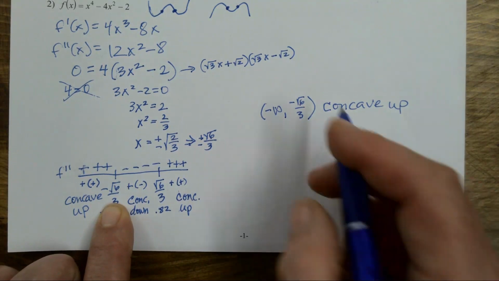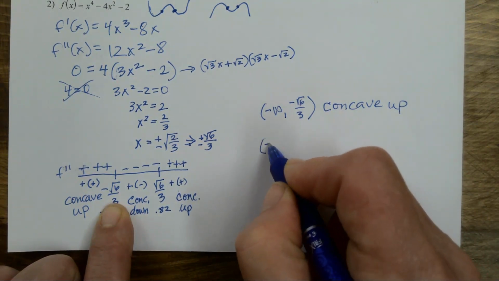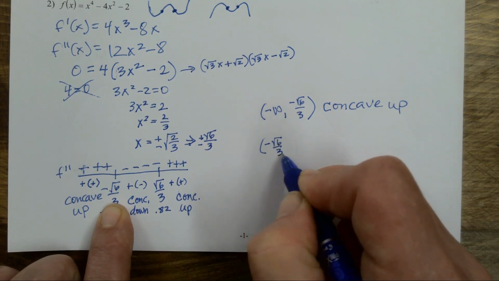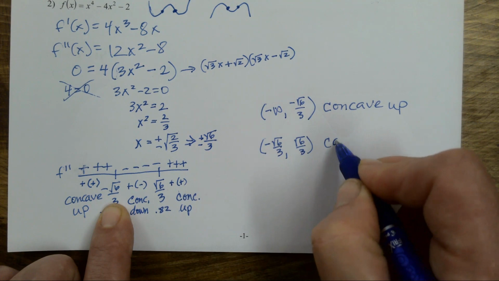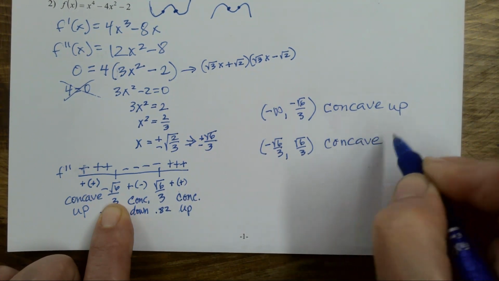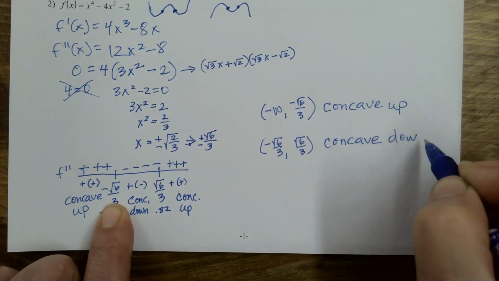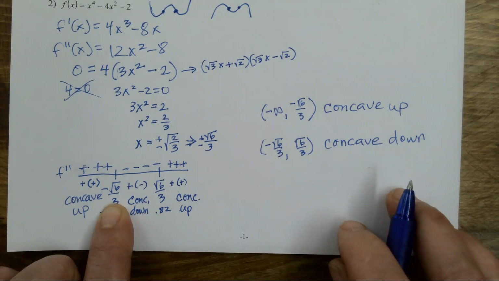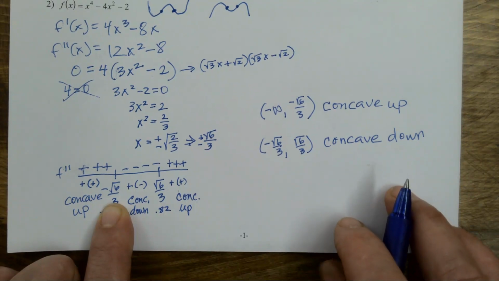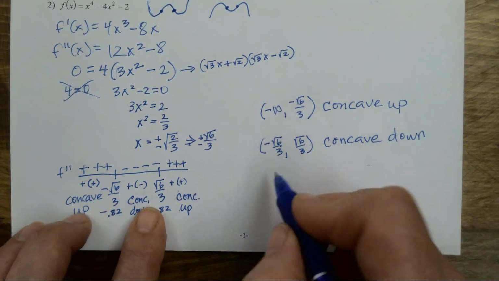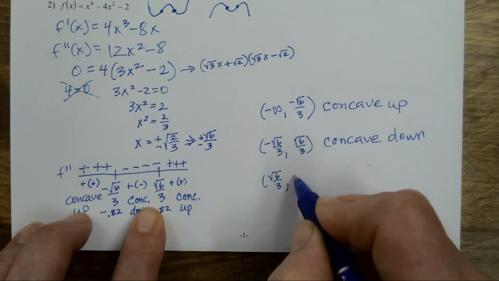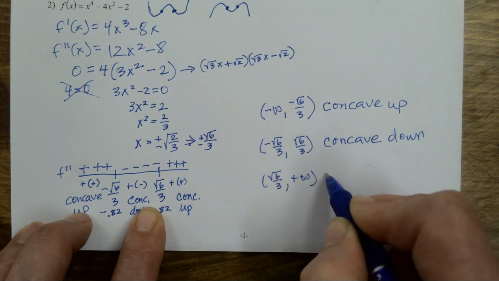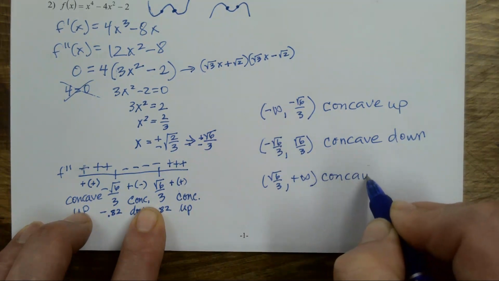And then from negative square root of 6 over 3 up until I hit square root of 6 over 3, I am concave down. And then from the square root of 6 over 3 up until positive infinity, I am concave up again.